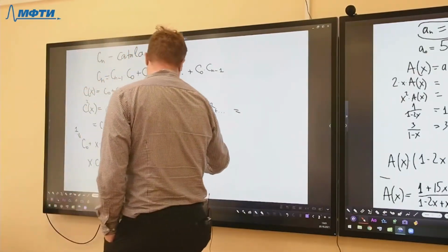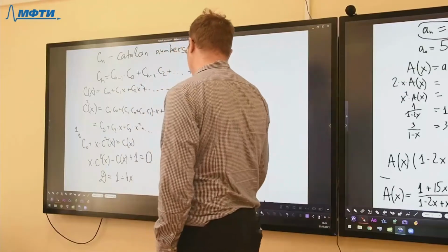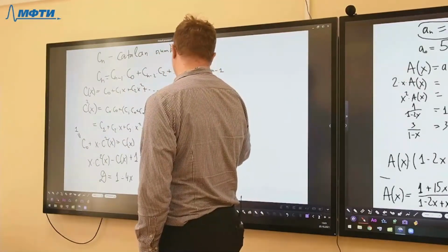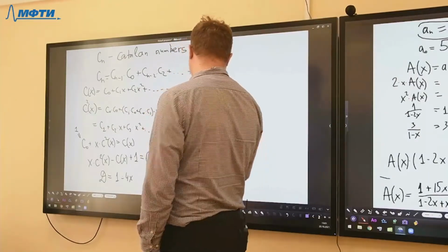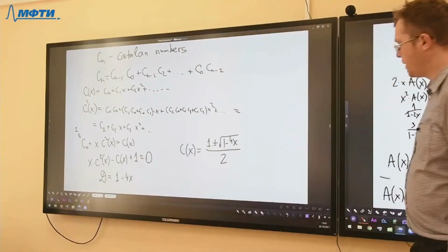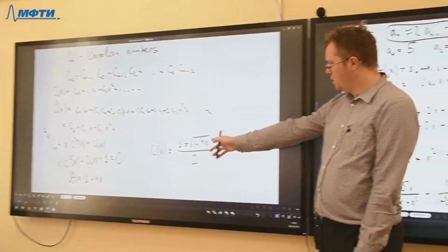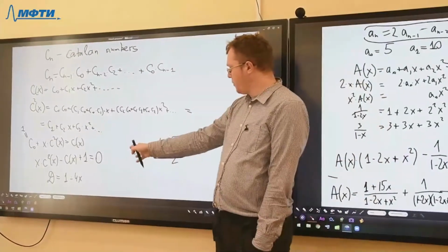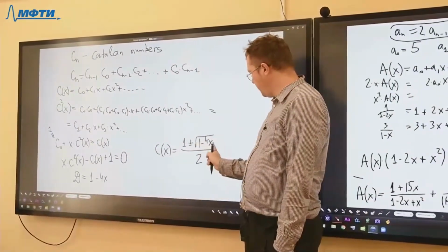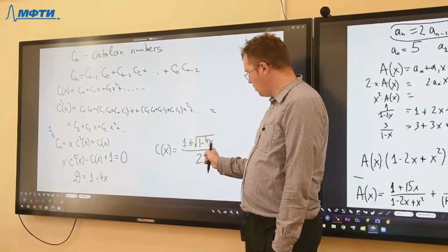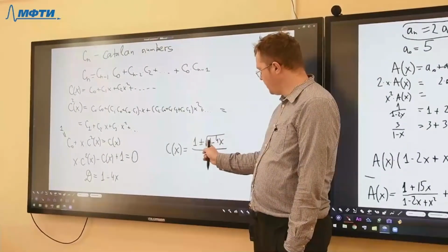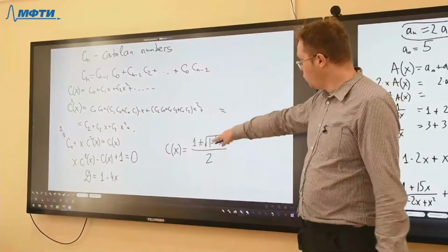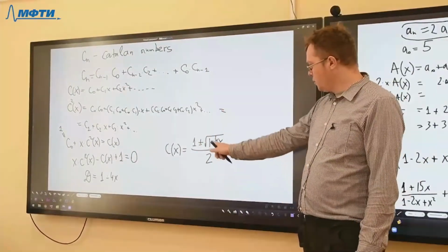So C of x is 1 plus or minus the square root of 1 minus 4x, divided by 2. But to find the generating function of C of x, I need to find the square root of some formal power series. So I need to find the coefficients of a formal power series such that the square of this function is 1 minus 4x.